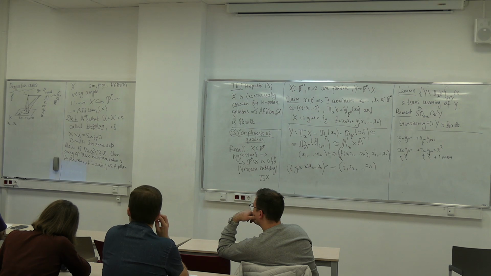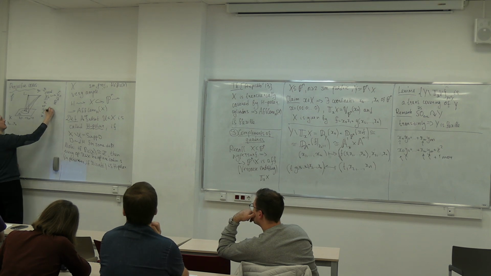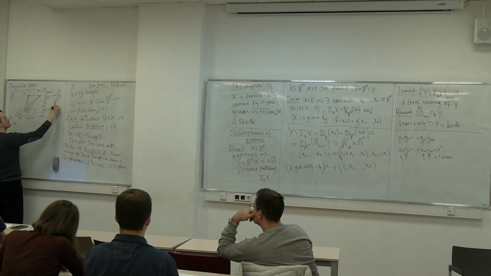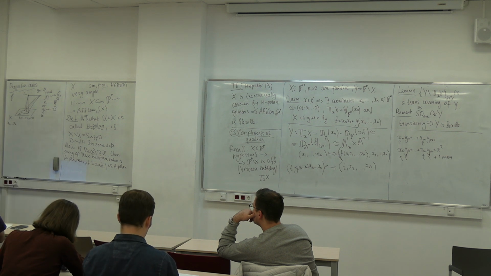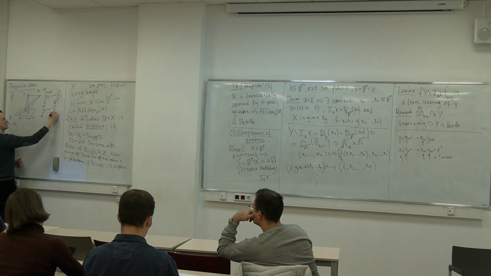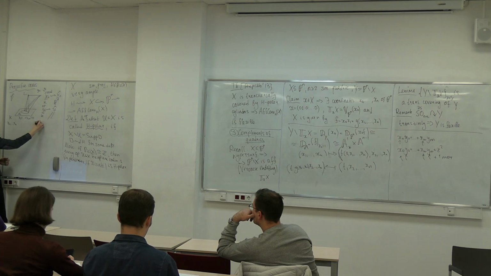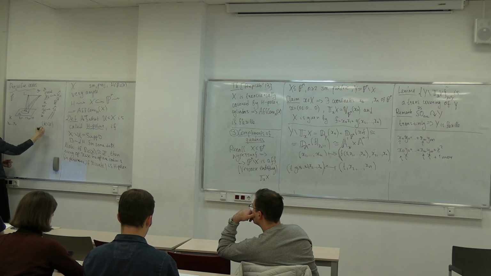No, we'll talk about this a bit later. So I want to have also a lift of some open. How do I do this? Well, I just take the complement inside of U, lift it, and then take the complement, right? So what's happening here?